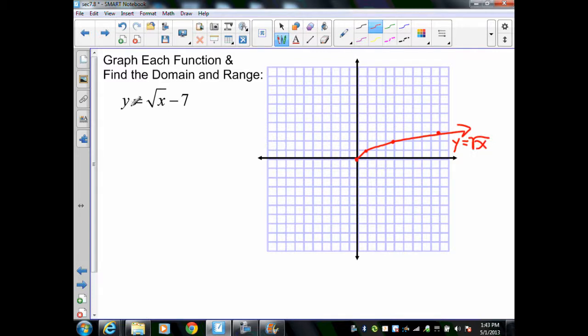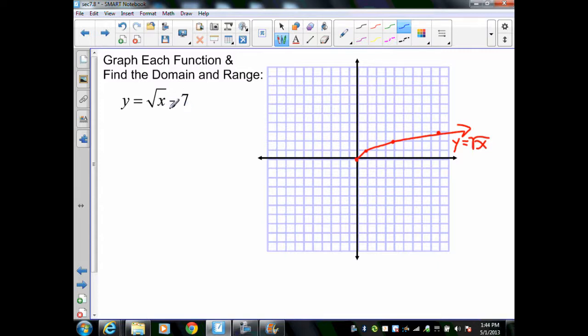I want to graph y equals the square root of x minus 7. To do that, I'm going to use these ordered pairs and just translate it the number of units specified. This is a minus 7 on the outside of my radical.